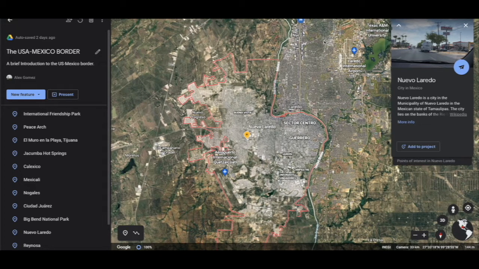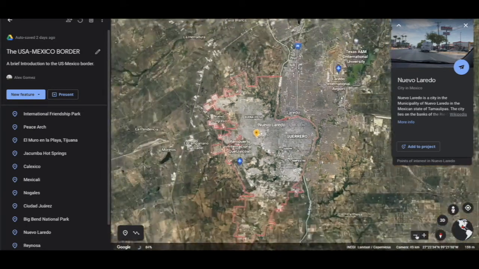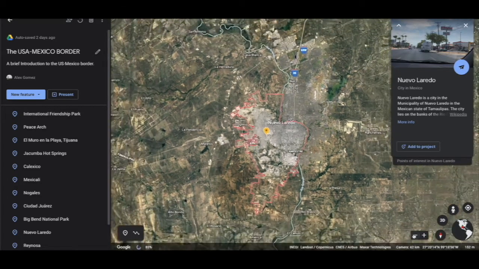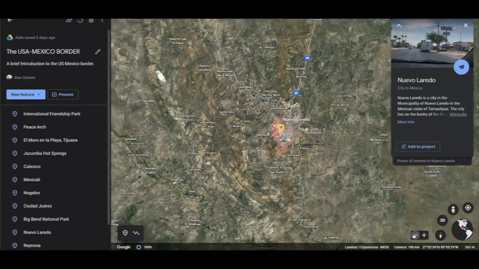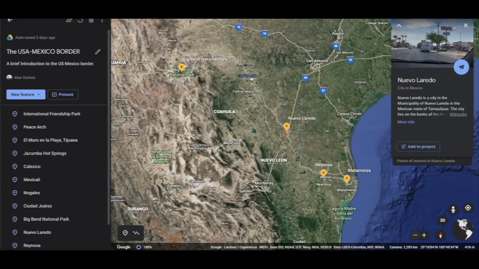And this is part of the region where, I forgot to mention, they're all divided by the Rio Grande. So the Rio Grande becomes the natural landscape you see right here that divides the two countries. All this is from Ciudad Juarez, Nuevo Laredo, we go to Reynosa, McAllen, Matamoros.